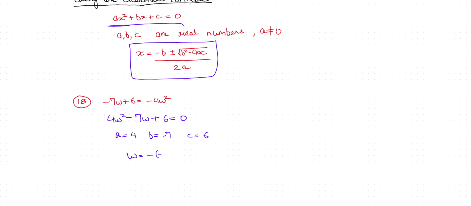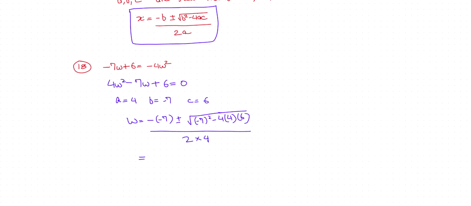The variable here is w in place of x, so w equals -(-7) plus or minus the square root of b², so (-7)² minus 4ac, over 2 times 4. This gives us 7 plus or minus the square root of 49 minus 96, and 2 times 4 is 8.